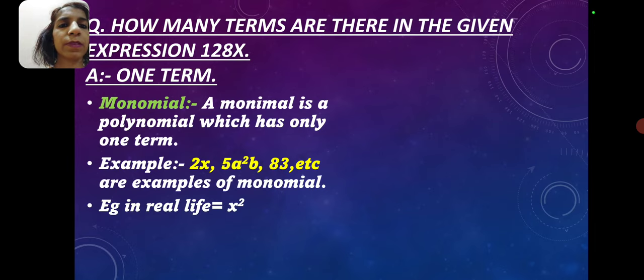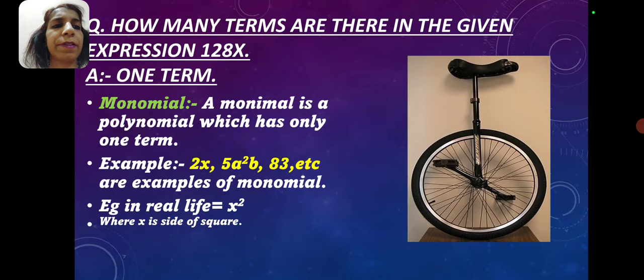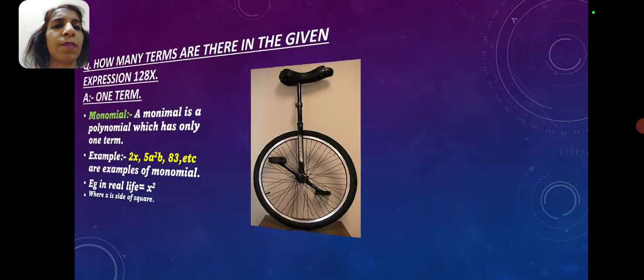Okay. Example in real life, you can write it down as x square, where x is the side of a square. Okay.